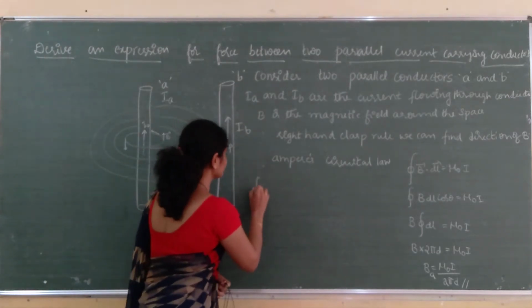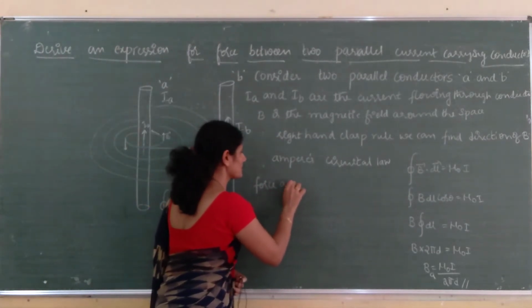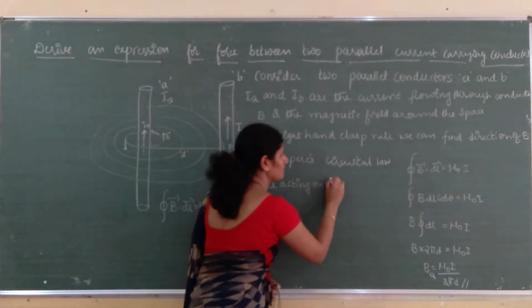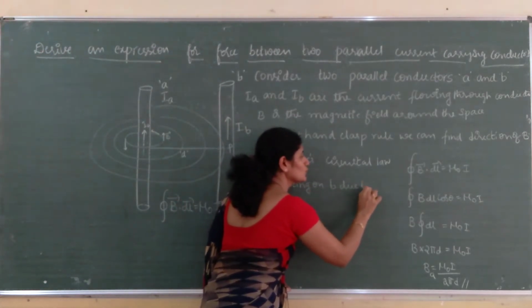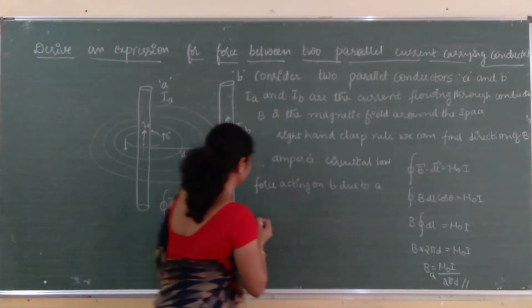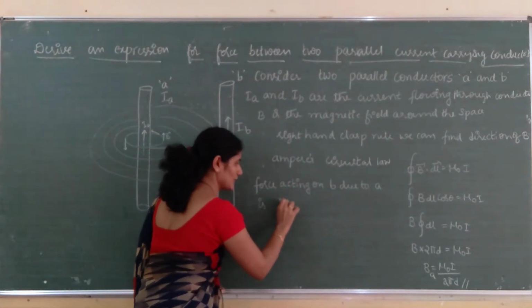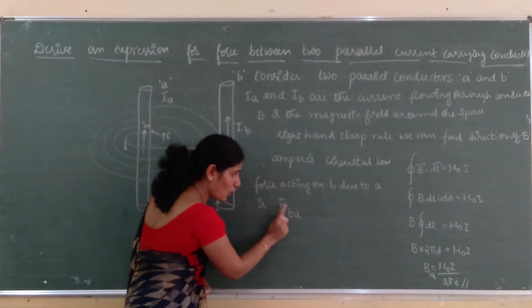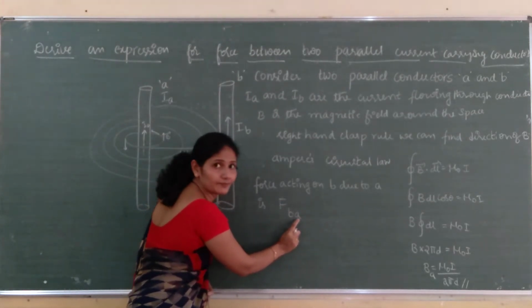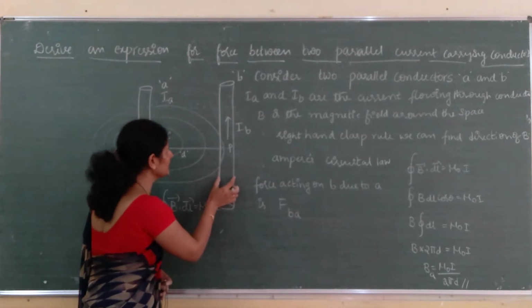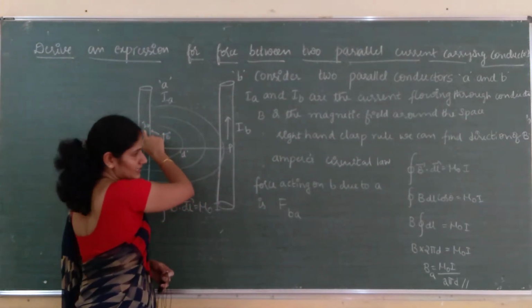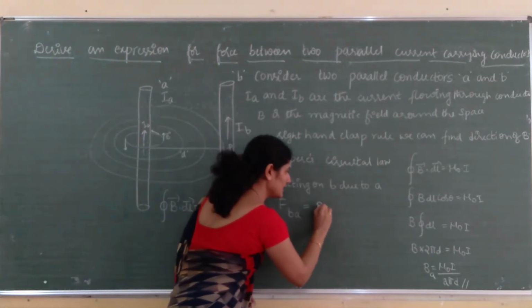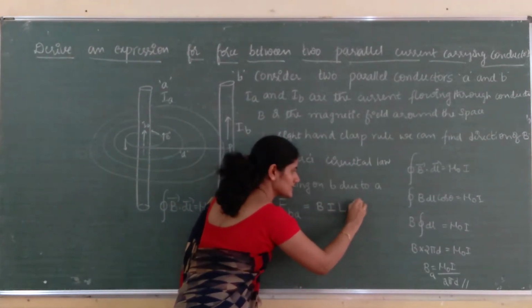So, the force acting on B due to A is FBA. FBA means force on B by A. Force is acting on B by the conductor A. FBA is equal to BIL sin theta.